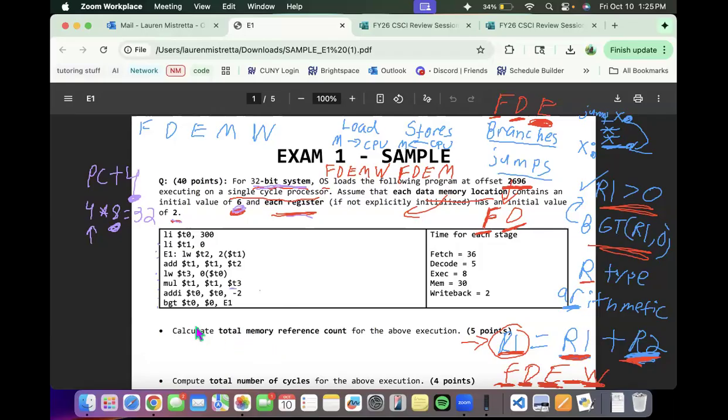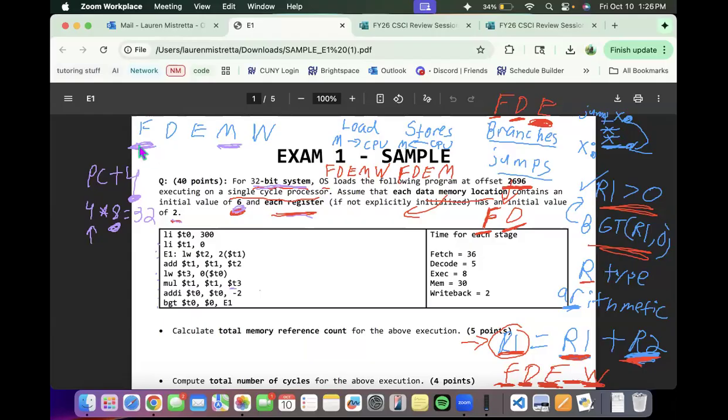All right, so first we're calculating the total memory reference count for the above execution. When we talk about memory reference count, this is how many times we're going into memory. And this happens twice, depending on what instruction we're talking about. We know that both mem and fetch are two states that have to go into memory, meaning that if you're doing a load, you could end up going twice into memory.